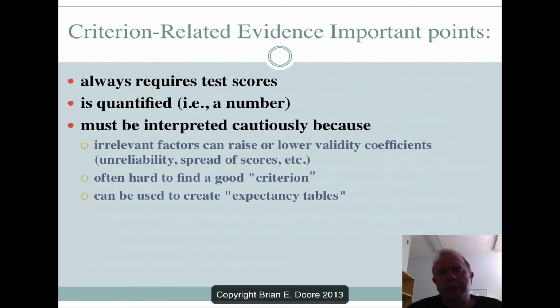So if we know, for example, that being black and being successful in post-secondary education have a very poor relationship, or being Asian and having a very successful outcome in post-secondary education, we could use that to construct an expectancy table, which is that if we know that somebody has a risk factor, they're female or they're male, or they have a disability, or they're a particular race, then we could use that information to systematically exclude folks from different kinds of opportunities.